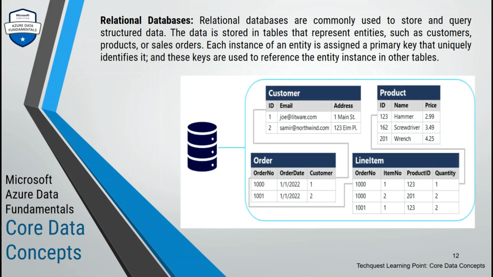Here, a customer's primary key, named ID, can be referenced in a sales order record by the column customer to indicate which customer placed the order. This use of keys to reference data entities enables a relational database to be normalized, which in part means the elimination of duplicate data values so that details of an individual customer are stored only once, not for each sales order the customer places.